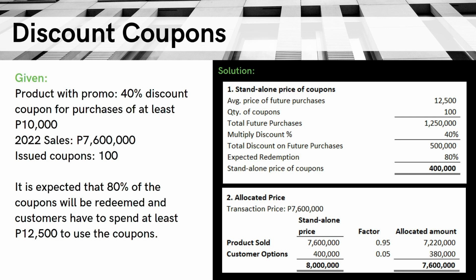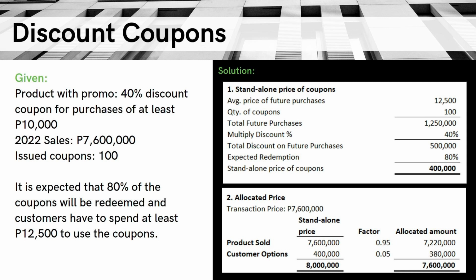Okay? So, again, for the allocated amount, you just multiply. Transaction price, 7,600,000 times 0.95, that is 7,220,000. And then, 7,600,000 times 0.05, that is 380,000.